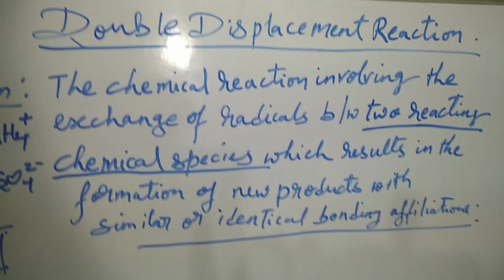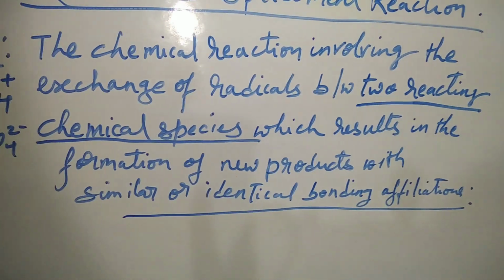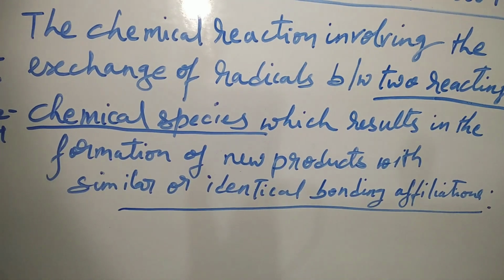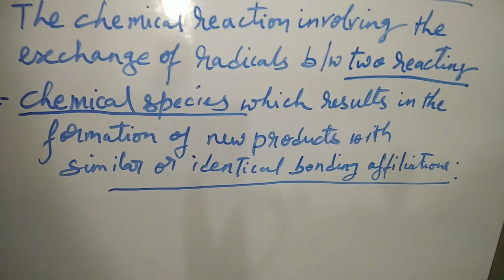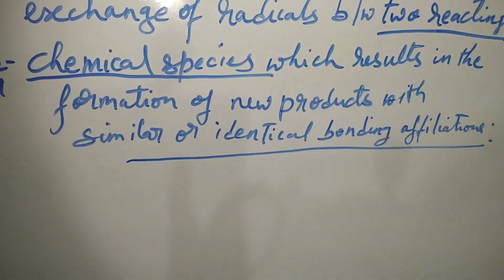Okay, it will react between two chemical species which results in the formation of new products. Two reacting chemical species, that's why two products will form, new products with similar or identical bonding affiliations.